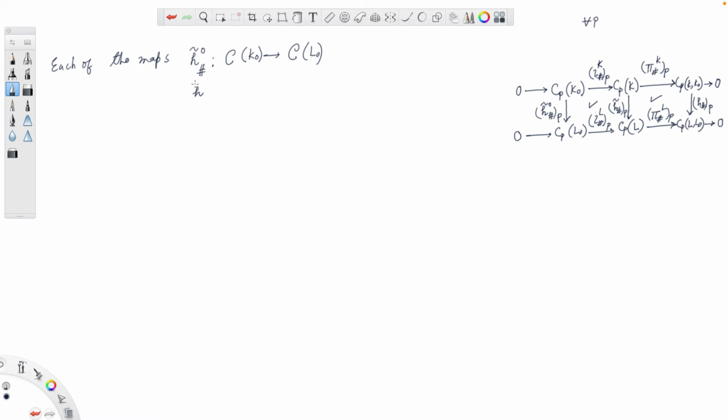Similarly, H tilde hash is a chain map from C of K to C of L. And H hash is a chain map from C of K comma K0 to C of L comma L0.